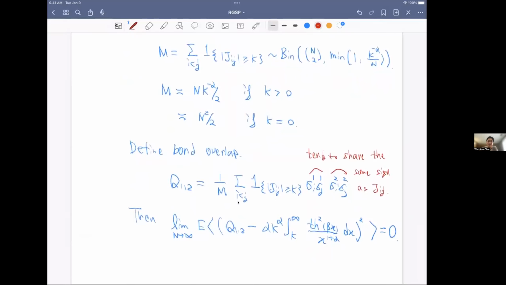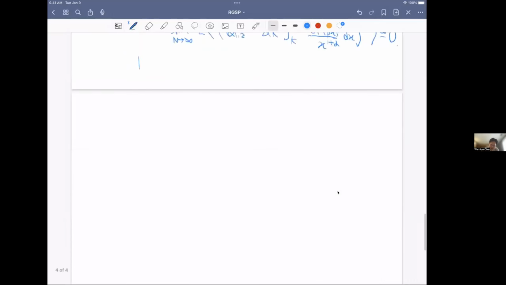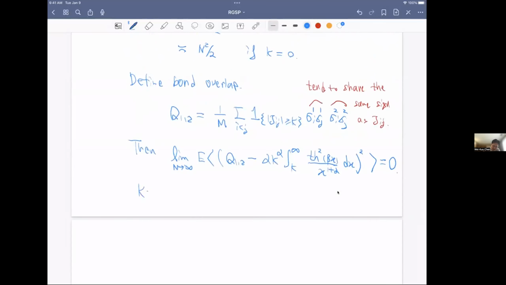So you are summing over all i less than j. Maybe I should be more careful: when k is equal to 0, the Q12 should be roughly like a 1/2.